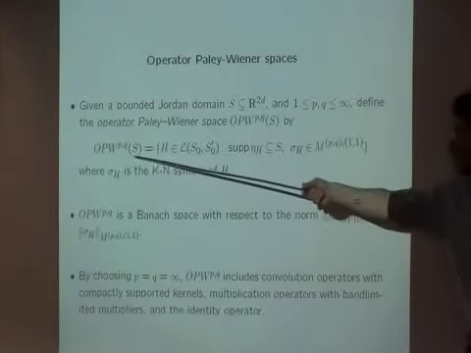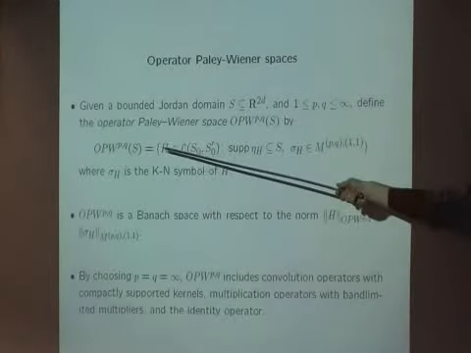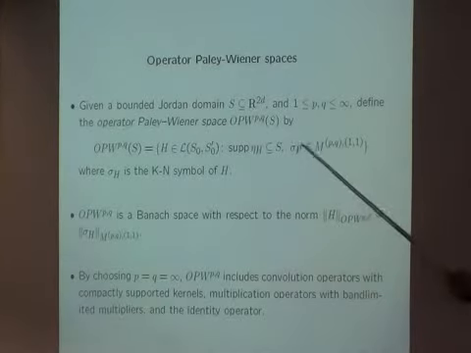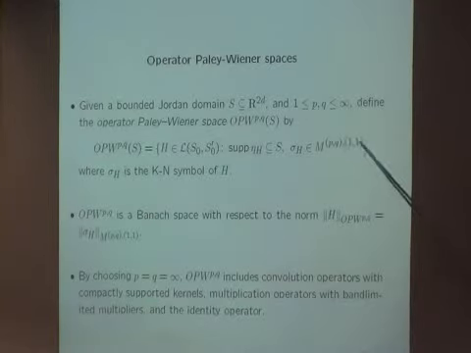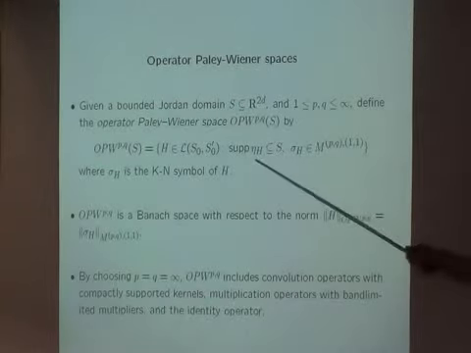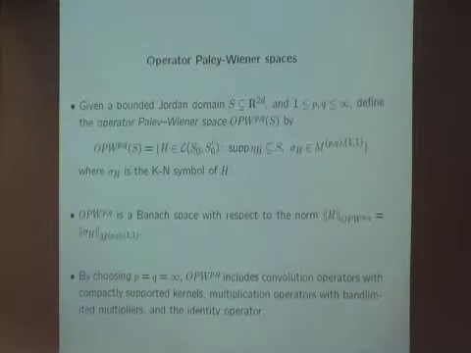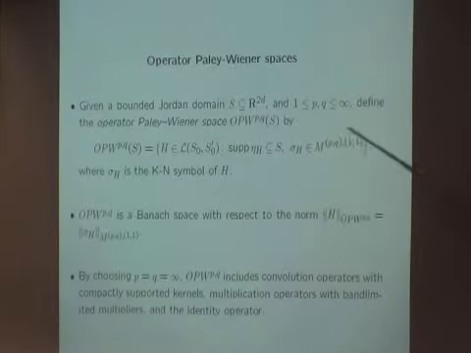If we're given a bounded Jordan domain S, we can define OPW^{p,q}(S) to be those operators where the support of the spreading function is in S, and the symbol sits in this space M^{p,q}. Okay, so you remember that the symbol was essentially the Fourier transform of the spreading function. So we can think of this as the class of operators with band-limited symbols. Okay, so that's why this is a 1-1 in the frequency variable.